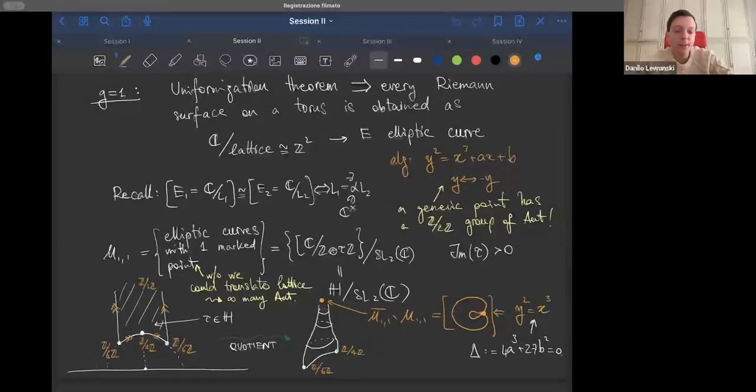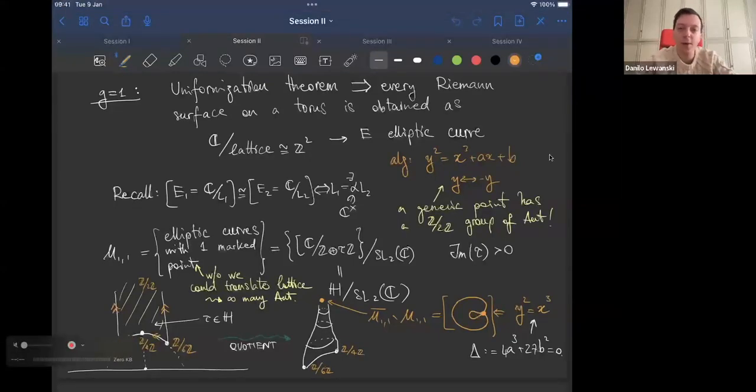Okay, so now we saw several results about genus 0. Let us see some results on genus 1. Concerning genus 1, by the uniformization theorem, you know that every Riemann surface that is a torus is obtained as a quotient by a lattice. So you take the complex numbers and you quotient out by a lattice that is isomorphic to Z^2.